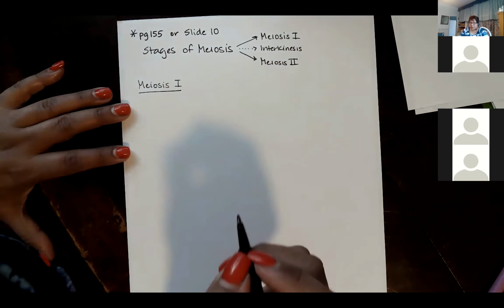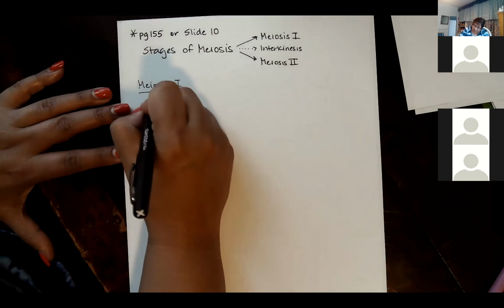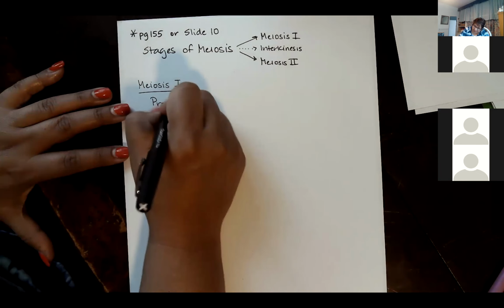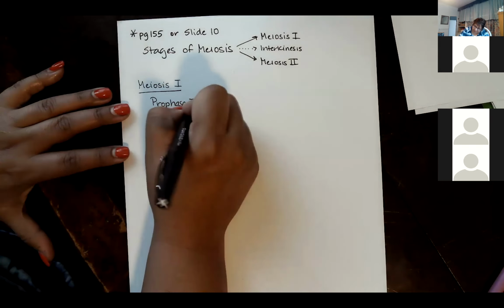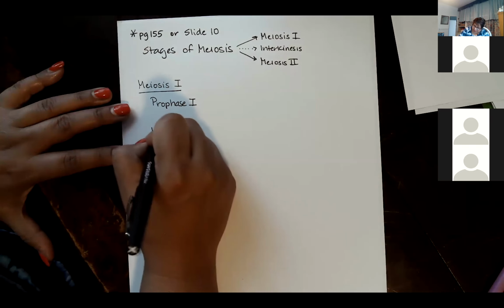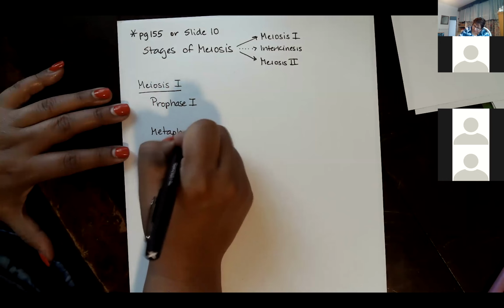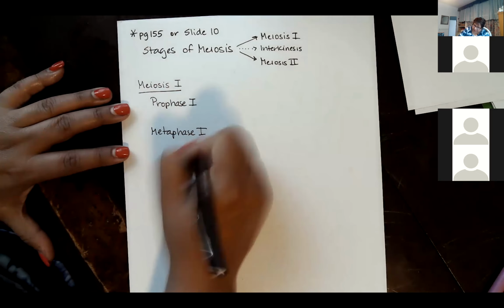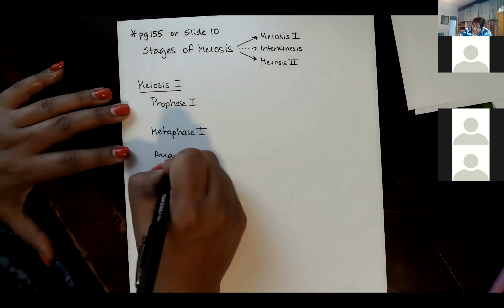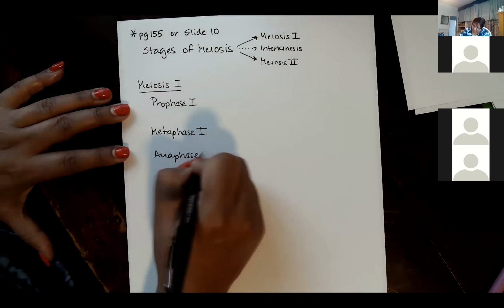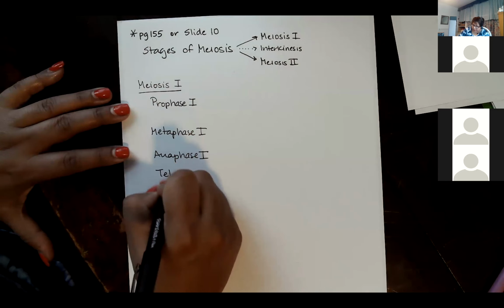The stages of meiosis 1 are prophase 1, then metaphase 1, and you probably get the idea, anaphase 1, and telophase 1.